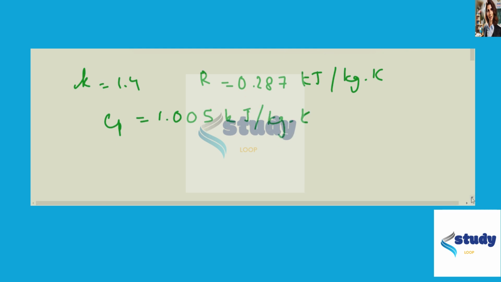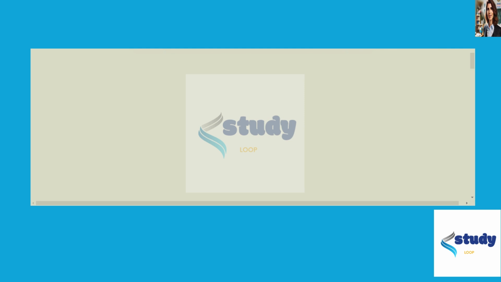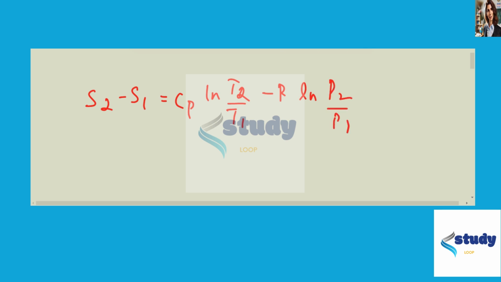So when we do the analysis, the entropy change across a shock is determined by s2 minus s1, and that is Cp ln T2 upon T1 minus R ln P2 upon P1.